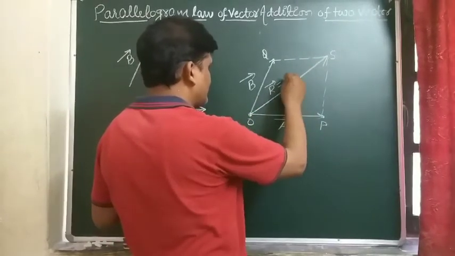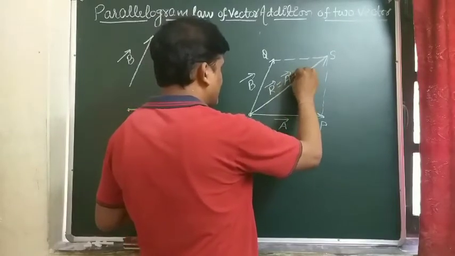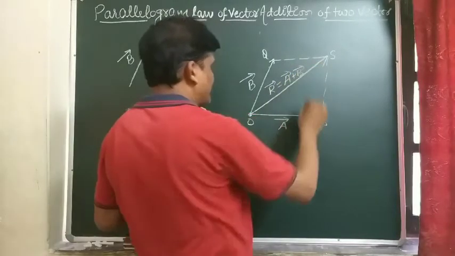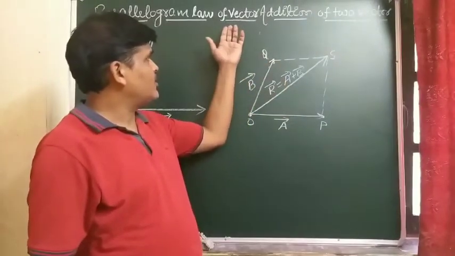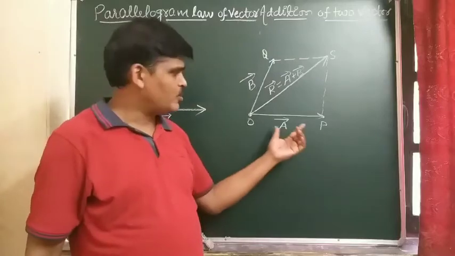So we can write vector A plus vector B. This is the diagram for the parallelogram law of vector addition of two vectors.